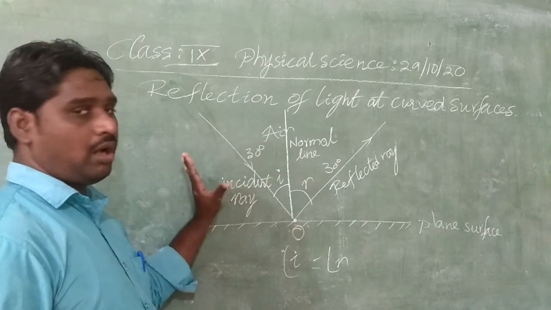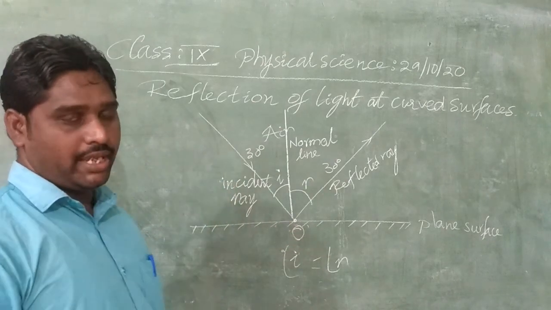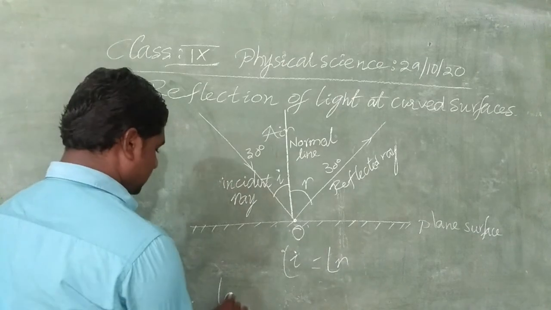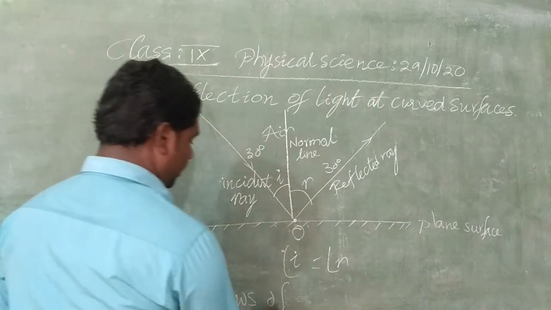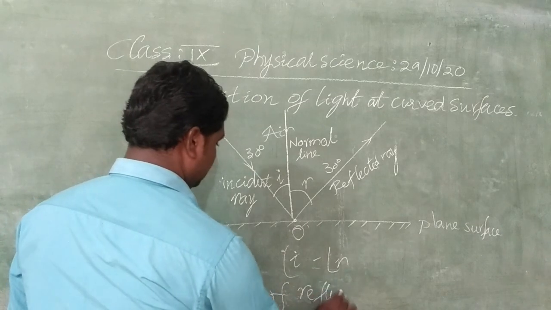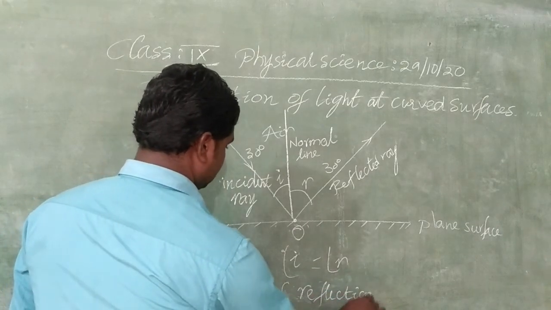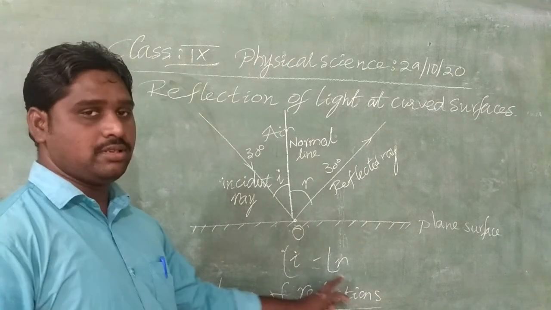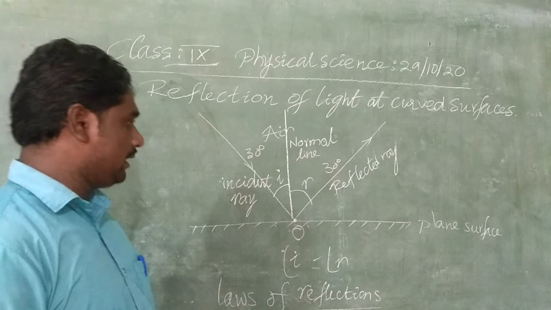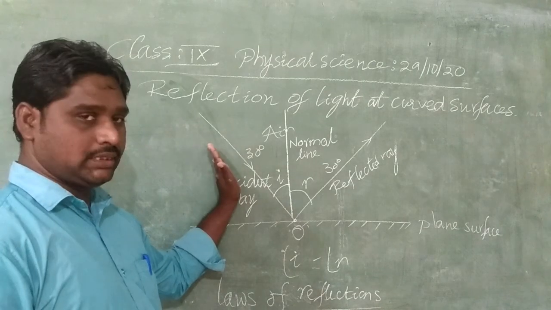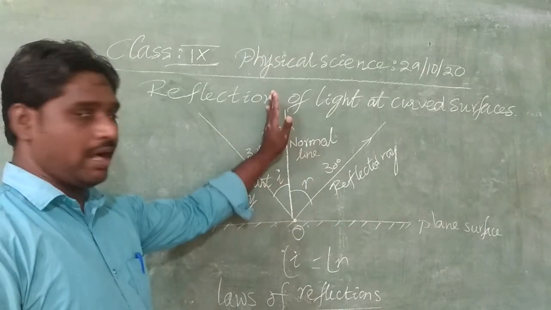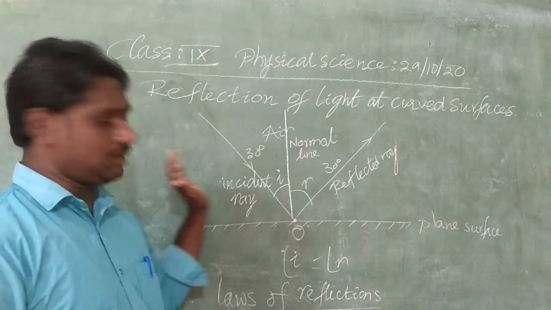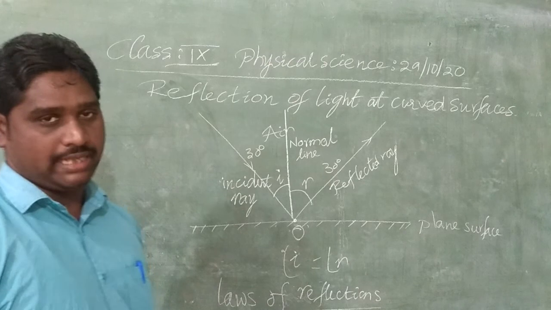These two are called the laws of reflection. There are two laws of reflection. First, angle i is equal to angle r, and second, the incident ray, reflected ray, and normal line lie on the same plane. Those are the laws of reflection.